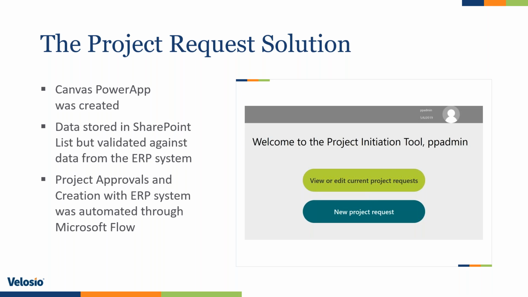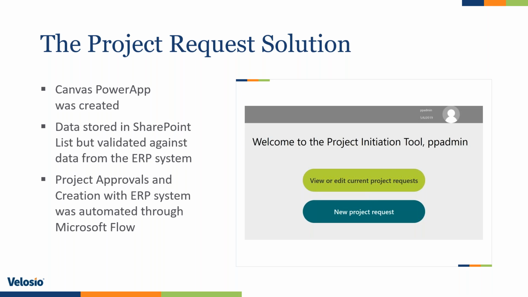But the biggest thing was we were able to use Flow to do approvals so that someone could get an email and review the details within Outlook, and they never had to go into SharePoint to do that approval. And then once the approval came in, Flow now takes that information and automatically creates a project within the ERP system.